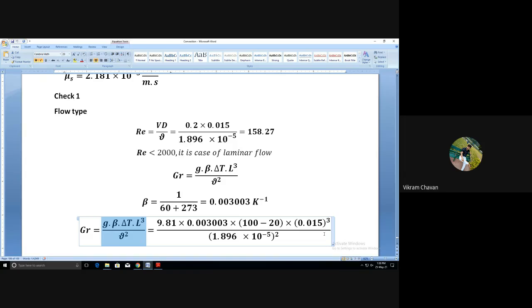Divided by nu square, where nu is 1.896 into 10 raised to minus 5, in brackets squared. Calculate the Grashof number. Everyone, put all three values, Reynolds number, beta, and Grashof number, in the chat box.